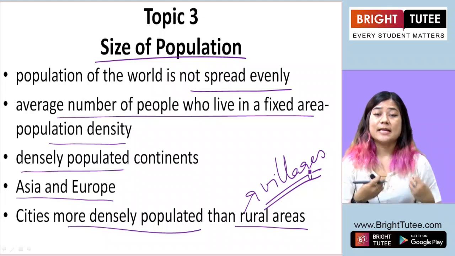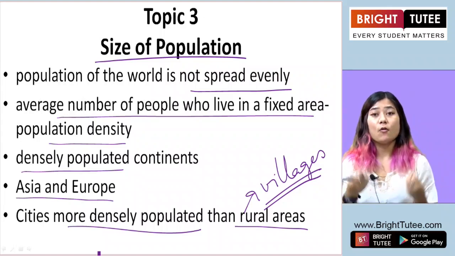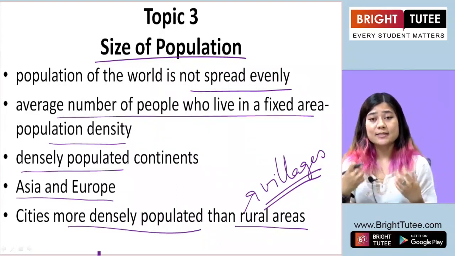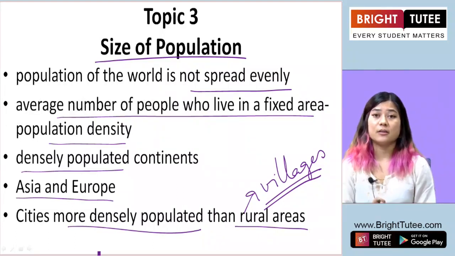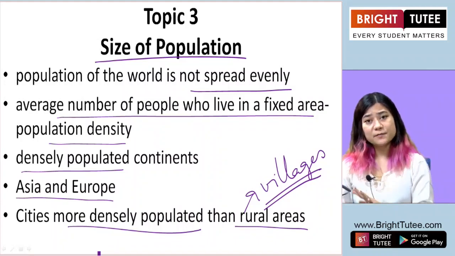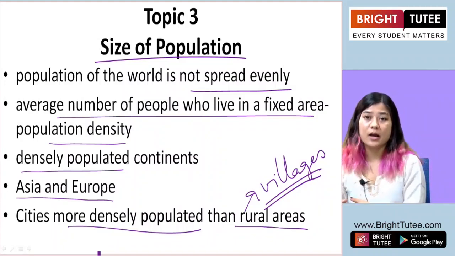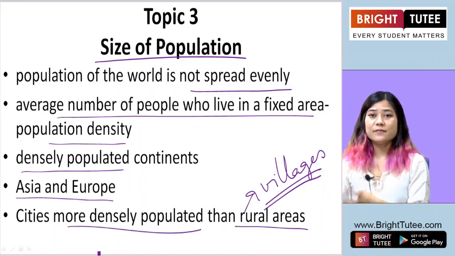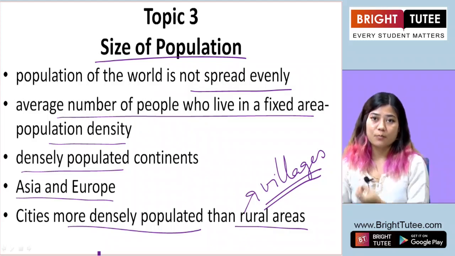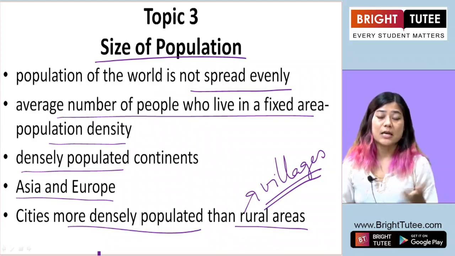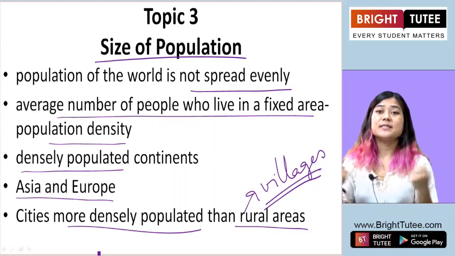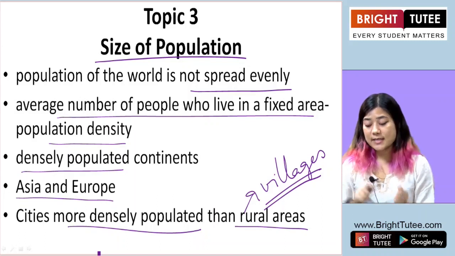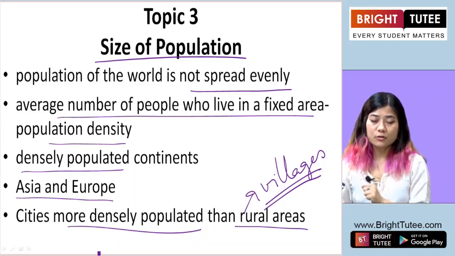For example, let's take Delhi. Delhi is densely populated. It has thousands and thousands of people living here. But if you look at a small village in the state of Bihar, or maybe in Arunachal Pradesh, that village will be very sparsely populated compared to Delhi. So big cities, mega cities and towns are more densely populated than the villages or the rural areas.